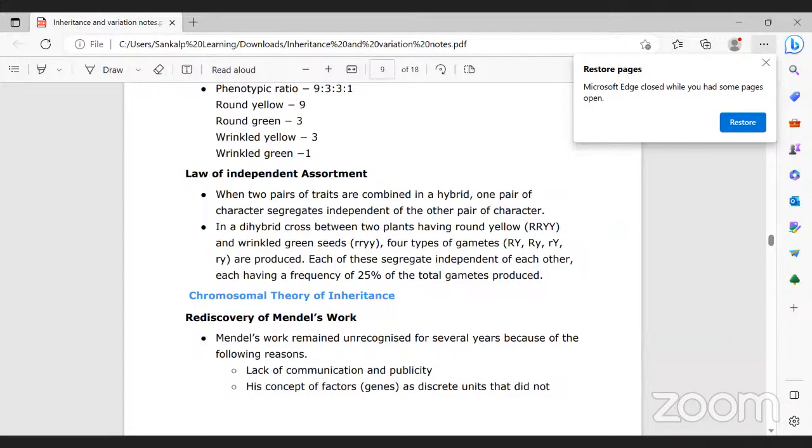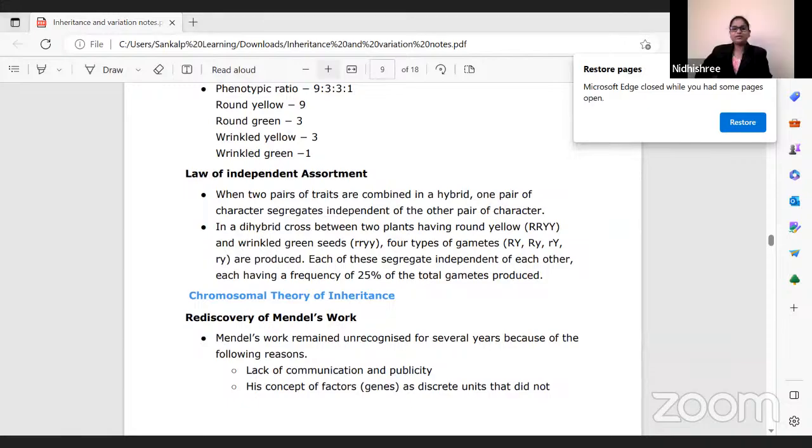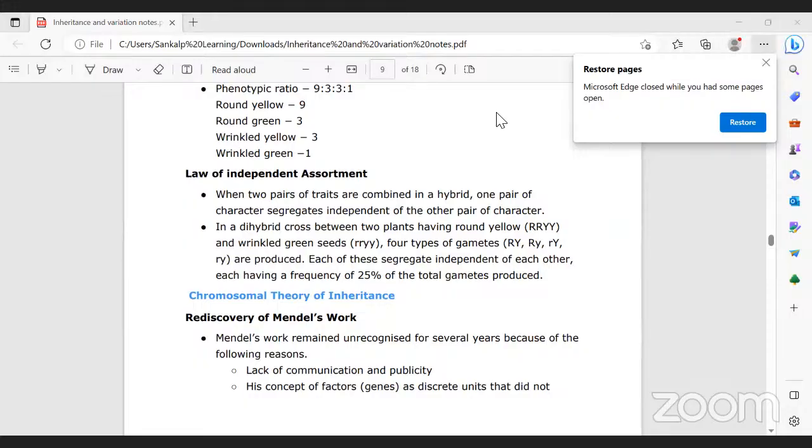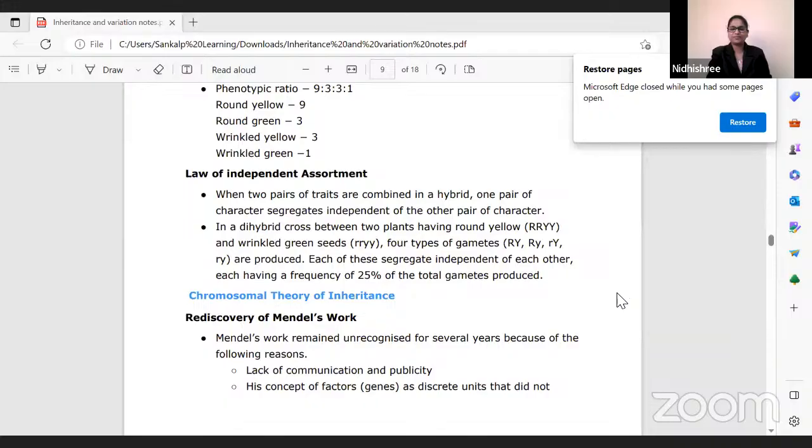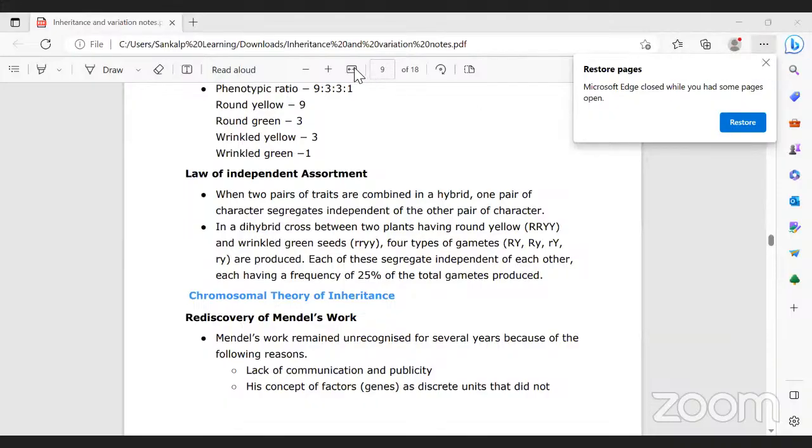Okay. The dihybrid cross genotypic ratio is very big. So how you have to remember it is, Kavita, please mute yourself. All of you mute yourself, please. Kavita.